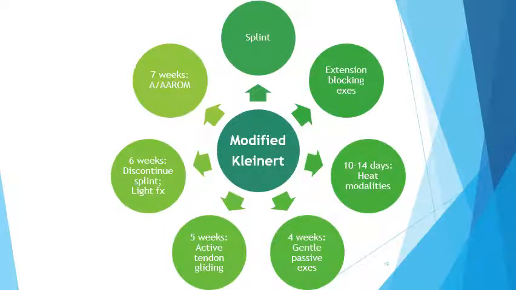For the early passive modified Kleinert protocol, let's look at the splint fabrication first. It's a dorsal blocking orthosis with the wrist in 45 degrees of flexion, the MPJs in 40 degrees of flexion, and the IPJs allowed to fully extend.